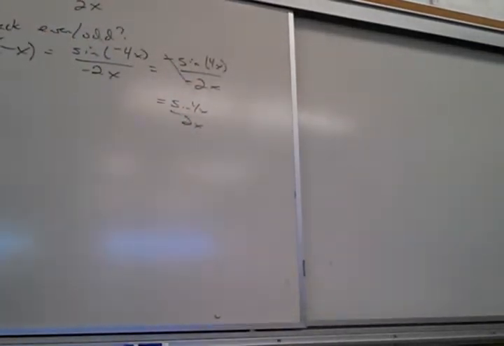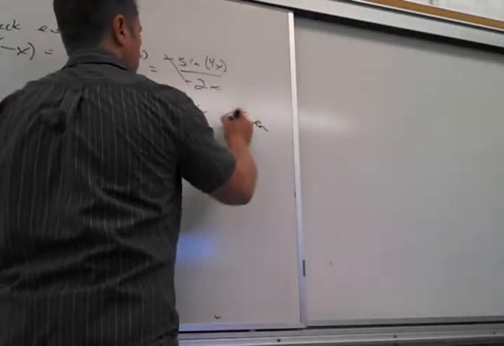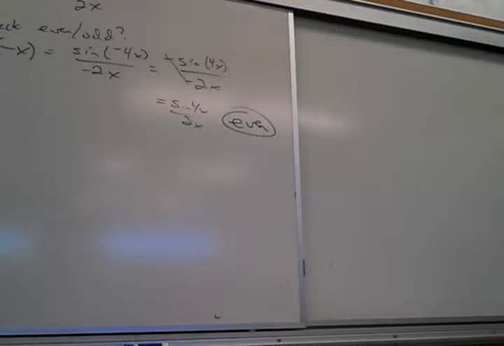And if you think about it, why does it make sense? The top function has odd symmetry. What's the degree of the bottom? 1. So it's got odd symmetry. Remember when I said odd was like negative? So it's negative divided by negative. Positive. So it makes sense that it comes out even. Yes, sir? What would happen if it was cosine? Would you do this test, and what would happen at this point?